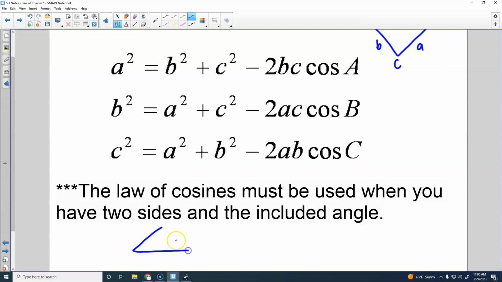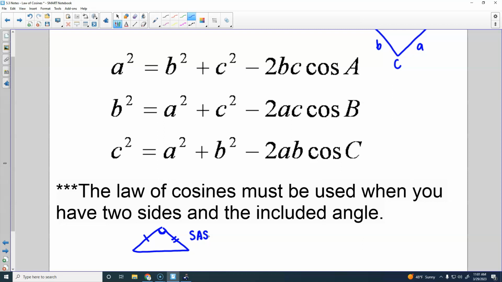If you've got a triangle here, if you have this angle, you would have the two sides that make up that angle. This is a side angle side situation because that angle is made up of those two sides that are touching. So a side angle side situation, you're always going to have to use law of cosines.